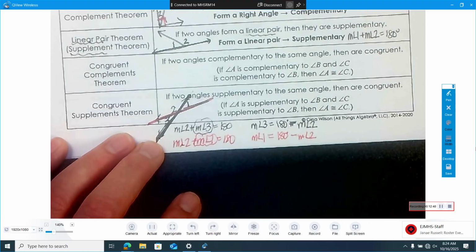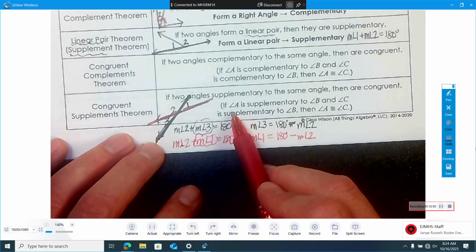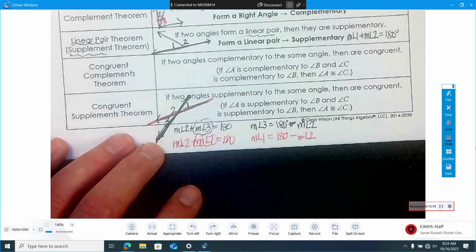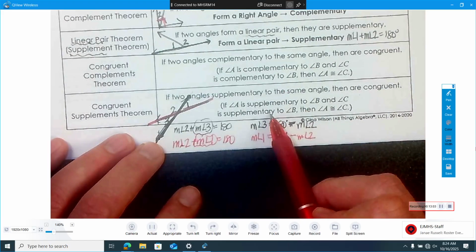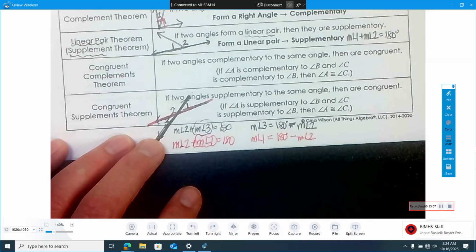Because if you do the math, it makes total sense, okay? So if A is supplementary to B and C, so A plus B equals 180 and A plus C equals 180, then B and C are going to be congruent. So that's the congruent supplements theorem.